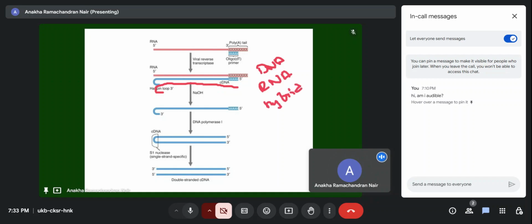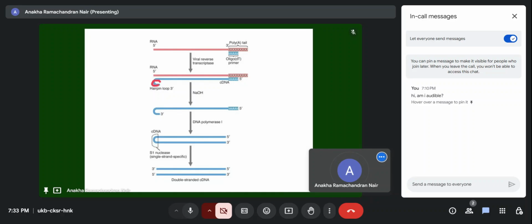Okay. And after this, because this cDNA that is being formed can form a hairpin loop structure, like you can see here, when you use NaOH, the RNA and the DNA will separate from each other.